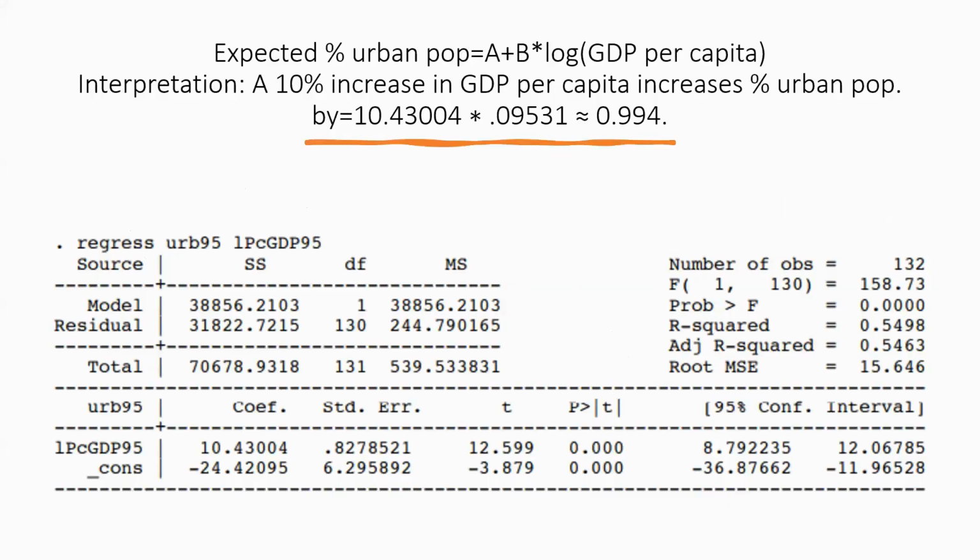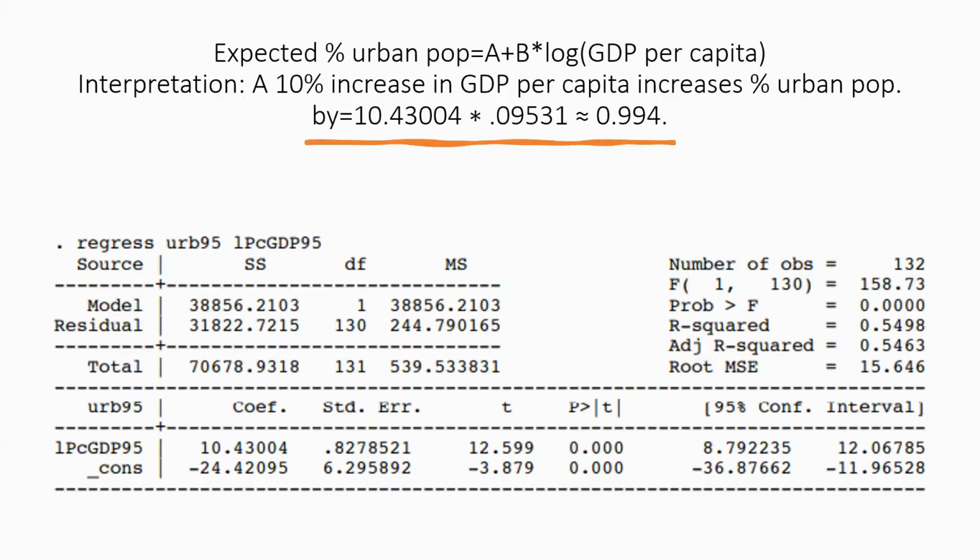So another example, same example, where this is the model corresponding to that example. When you apply the regression model, as we see over here, these are the estimates that you get. You get the coefficient 10.43 for log GDP and the constant.